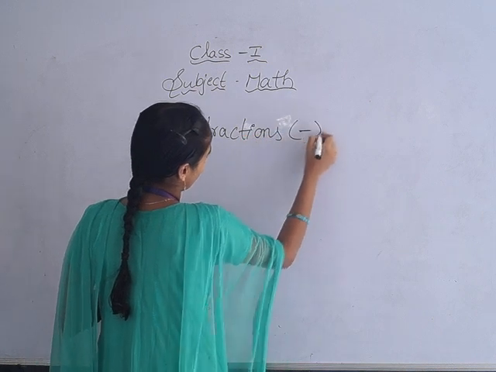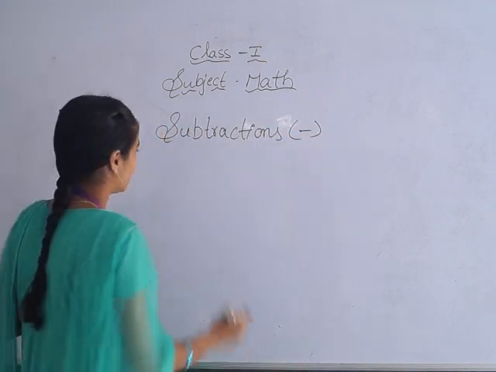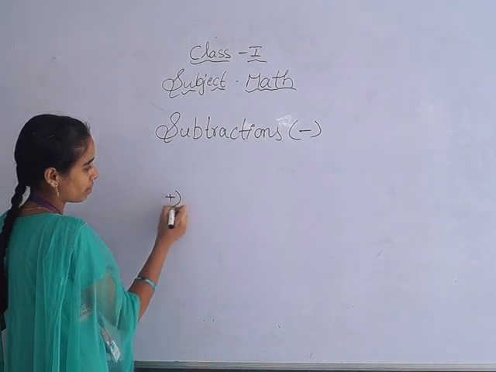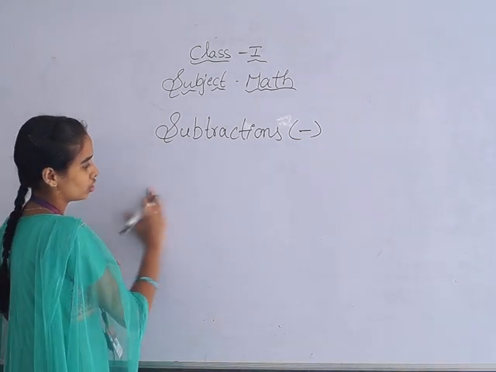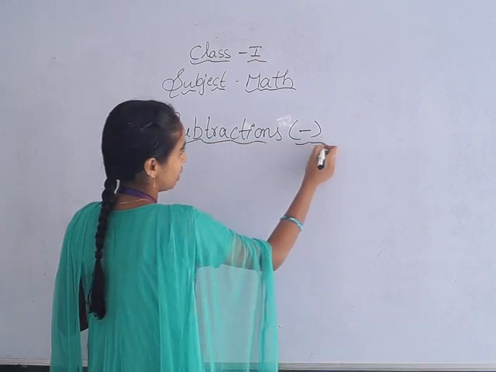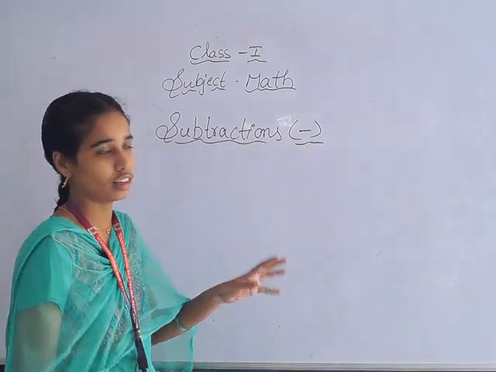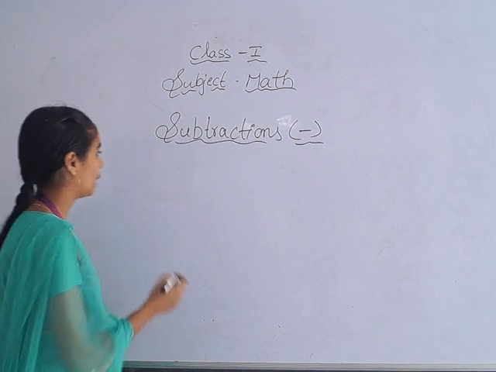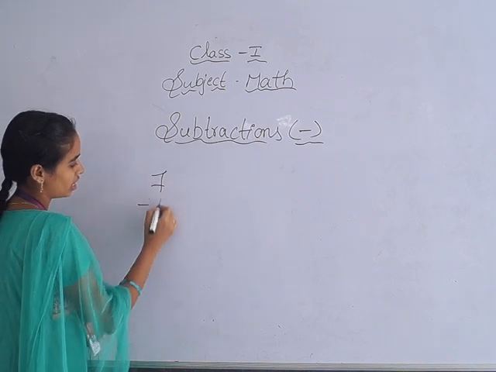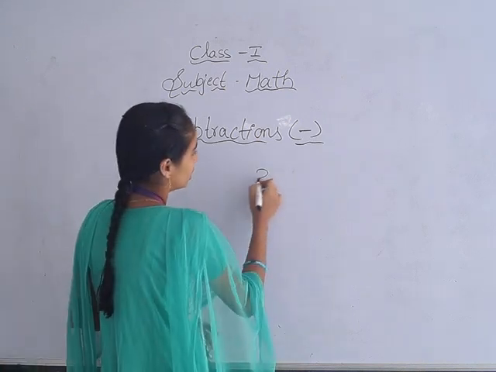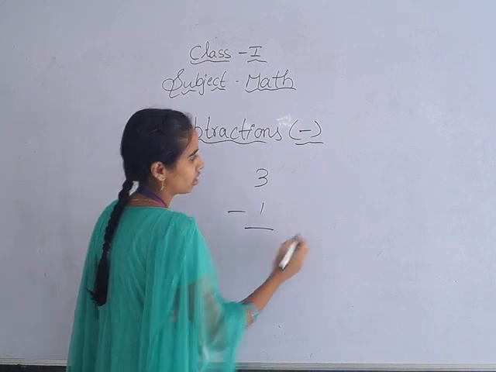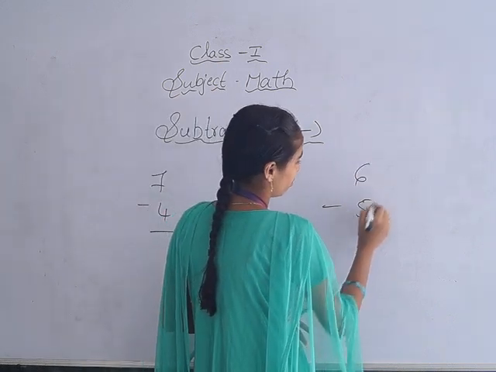So the symbol of subtraction is minus. We called it as minus. Plus means additions. You know, no? So subtraction, again subtraction also I am taking single digit only. 7 minus 4, 3 minus 1, 6 minus 5.